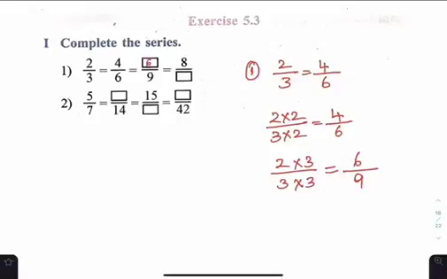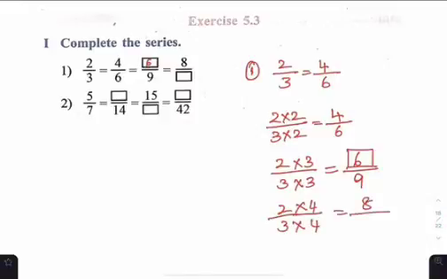Denominator is 9, numerator is what we have found out. Then the fourth equivalent fraction, 2 by 3, can be multiplied by 4 on both numerator and denominator. 2 fours are 8, then 4 threes are 12. 12 is to be filled in the gap.